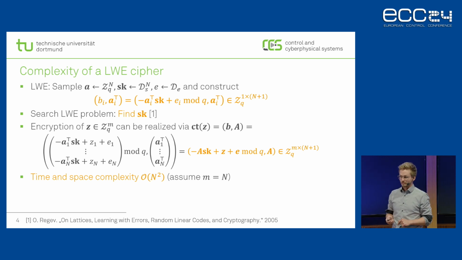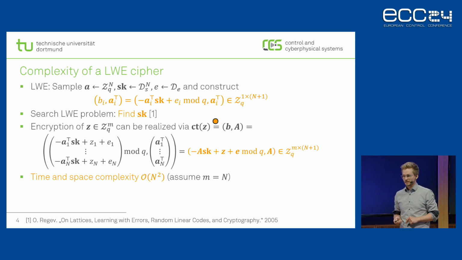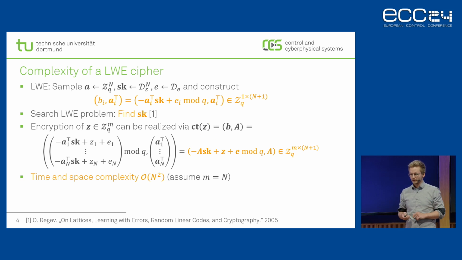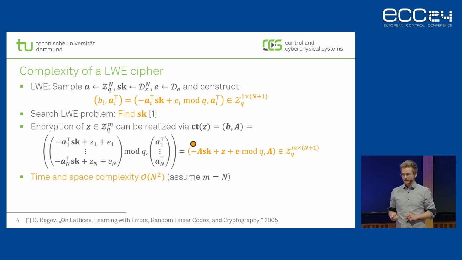And if we encrypt a message vector z, then Junso told us that we get a vector of encryptions, and we can see that if we simply stack these LWE instances on top of each other and put our message inside, then we get a large matrix out of it. And this matrix, if we assume that the number of messages is a large n, comes with a time and space complexity of n squared.